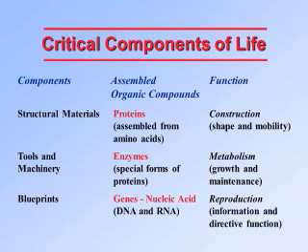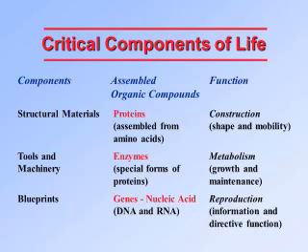Ribonucleic acid and deoxyribonucleic acid. You got that? They are primarily fit for reproduction. So they contain the information and the directive function as a class of molecules in living things.